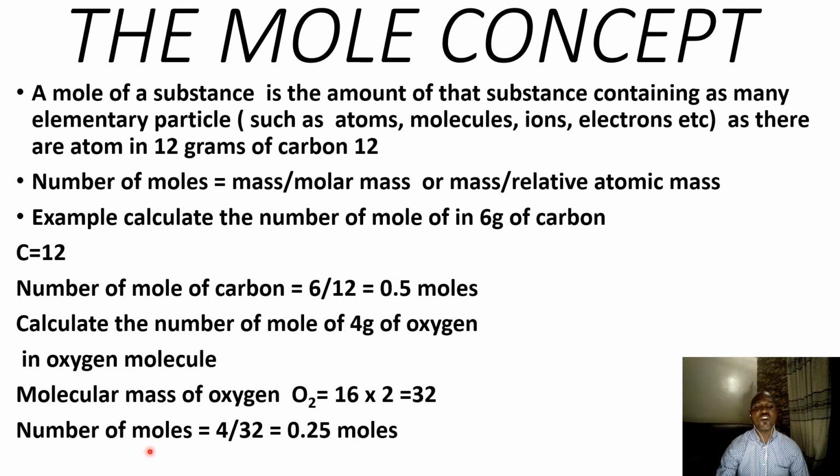Remember that number of moles therefore is equal to 4 divided by 32, where 4 is the mass and 32 is the molar mass, and that will give you 0.25 moles. Again, 0.25 moles. You can go over this over and over until you get the concept clearly.